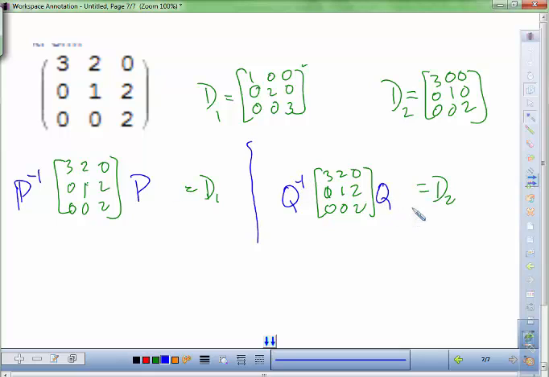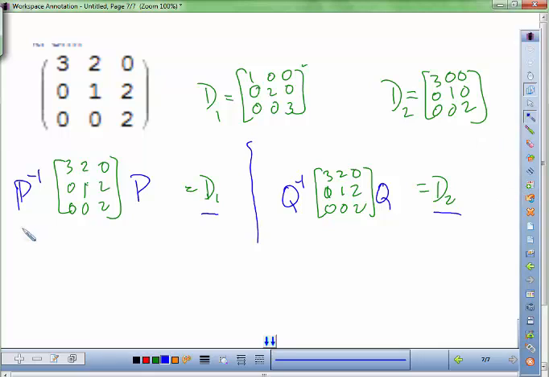If you have 2 diagonal matrices that are similar to A, and these 2 matrices, D1 and D2, are different, then they must use different invertible matrices to transform A into the first diagonal or the second diagonal.